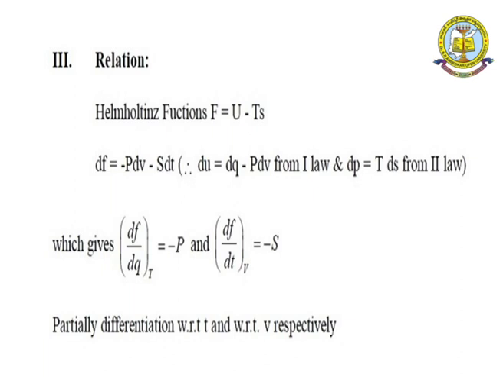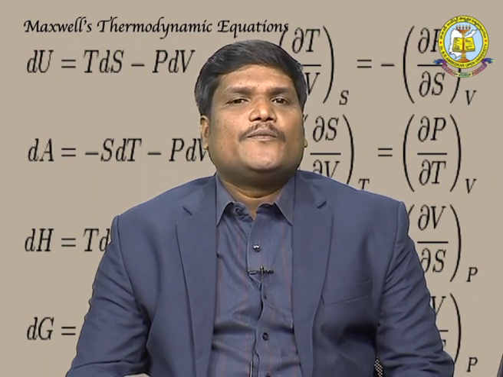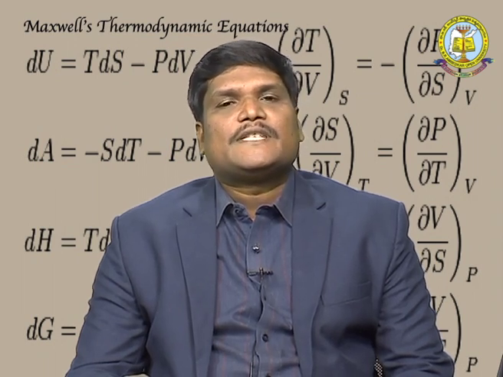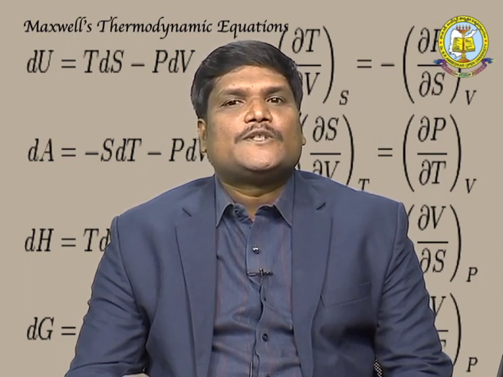Therefore, dU equals dQ minus PdV from the first law, and dQ equals TdS from the second law.